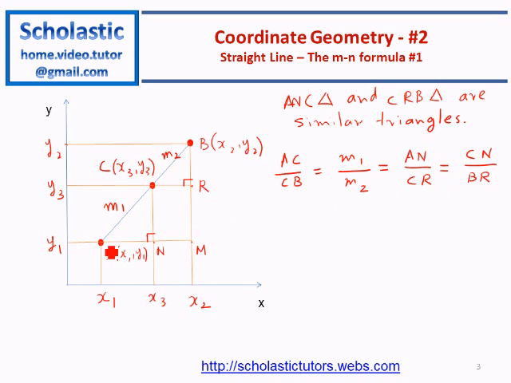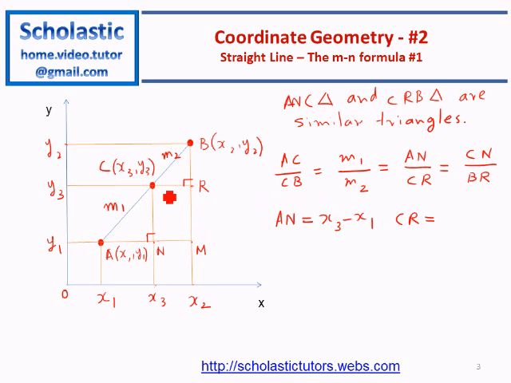So if you look at the diagram again, AN is equal to, if this is a 0 origin here, from here to here, x3 minus x1. Similarly, CR is from here to here, R x coordinate is x2, C x coordinate is x3.